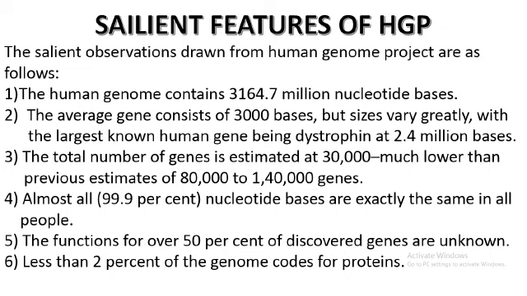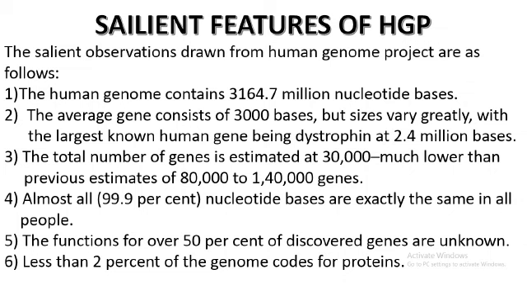Then the next important thing we know is that less than 2% of the genome codes for proteins. This is very important. We have 100% of the genome, but of that only 2% or even less codes for proteins. You'll be studying this in molecular biology: DNA prepares mRNA, mRNA carries the message for proteins, and proteins are part of function or structure.